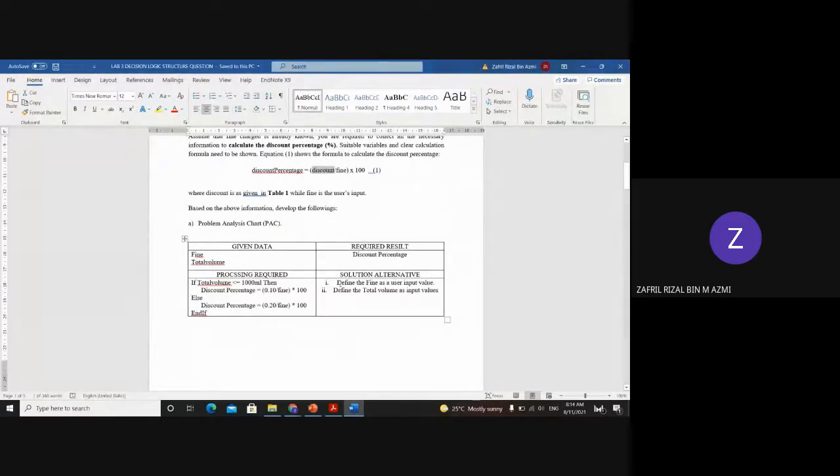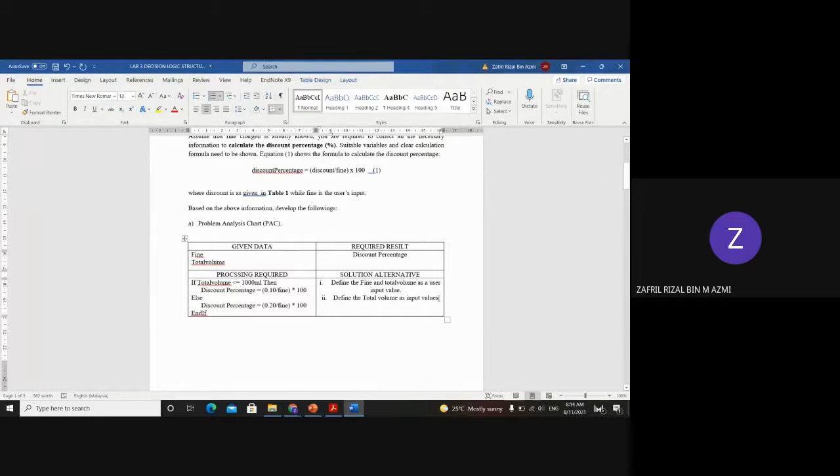Okay, define as user input value. For this one, make sure you put down all the inputs. Define the fine and total volume. So you have to put both inputs, all the inputs that exist.